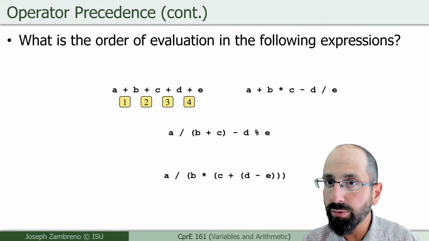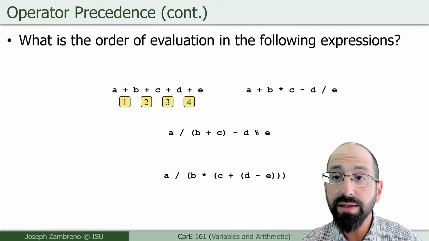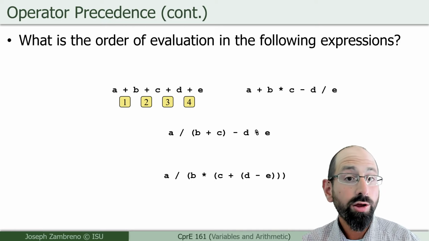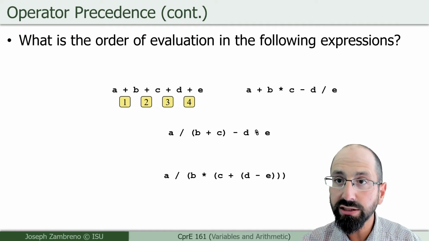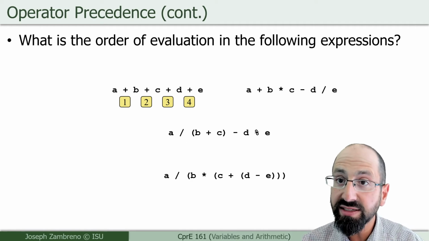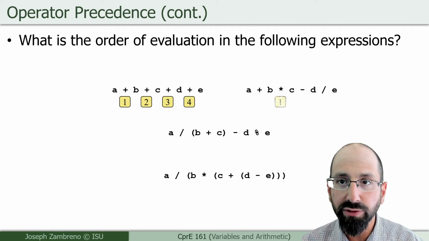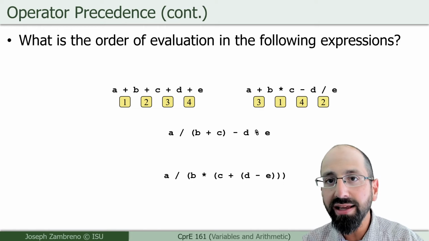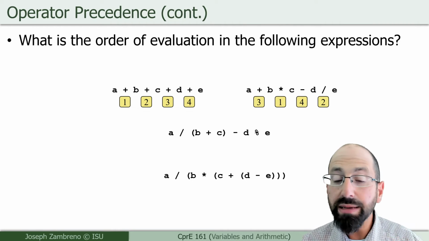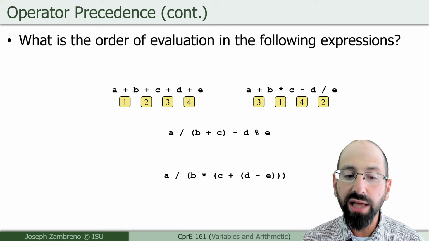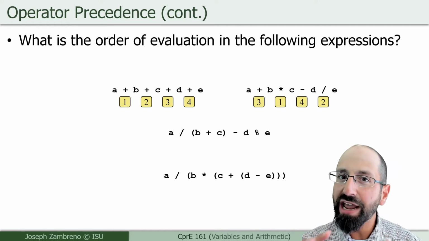The next example to the right here, a plus b times c minus d divided by e. Multiplication and division have higher precedence than addition and subtraction, so that b times c is going to happen first. We'll go from left to right, then the d divided by e, then the addition, then the subtraction. Same goes for the next example, which also has the modulo operator here, but now we have parentheses.